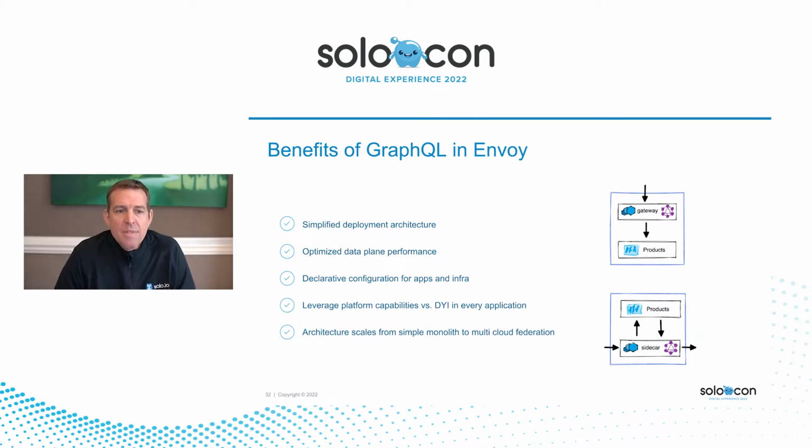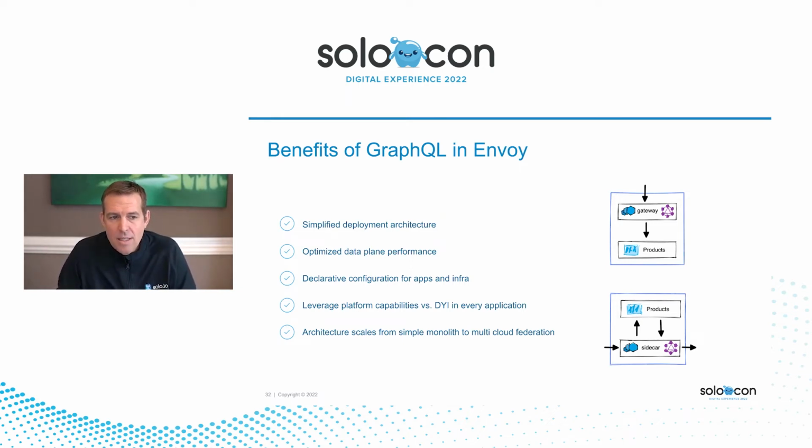When they're standing up tens, forget hundreds and thousands, even at tens of GraphQL server deployments and starting to deal with the sprawl of managing those additional deployments, right? How do you keep them up to date and enforce consistent policies? All these concerns come with a separate deployment for the GraphQL server. So what we've done is we've eliminated that entirely. No need for a separate GraphQL server deployment. You can just use the proxy that you've already got deployed today for GraphQL.